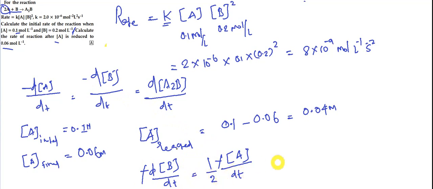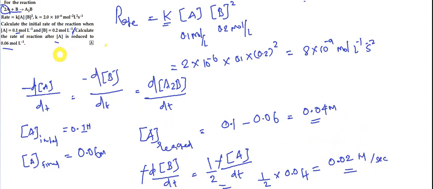So we can substitute here. So this can be written as 1 by 2 into 0.04, which is equal to 0.02 molar. That is, the concentration of B reacted has been found out as 0.02 molar.